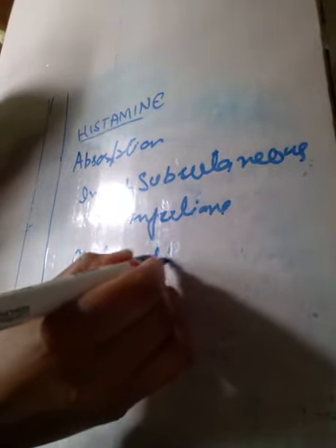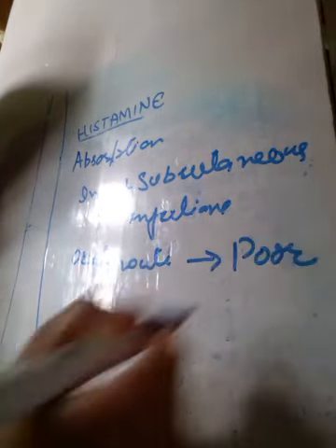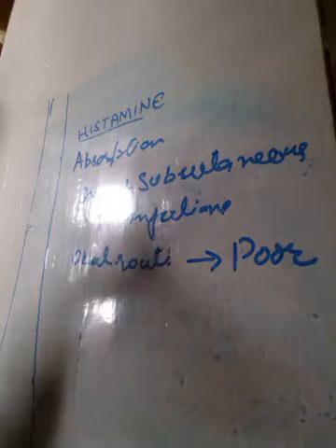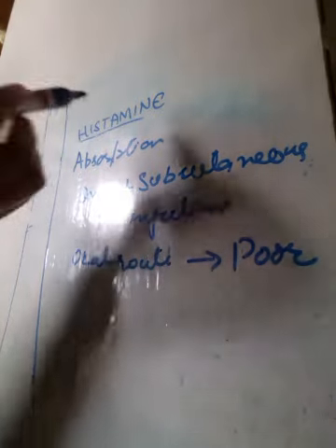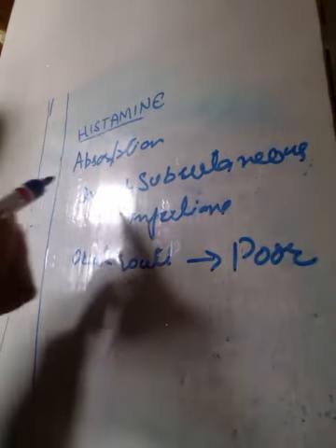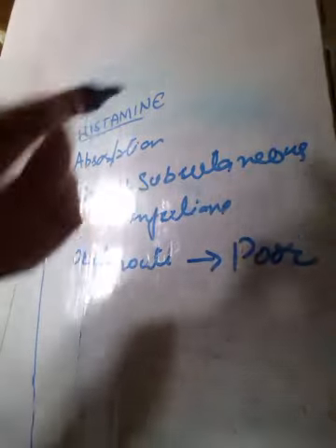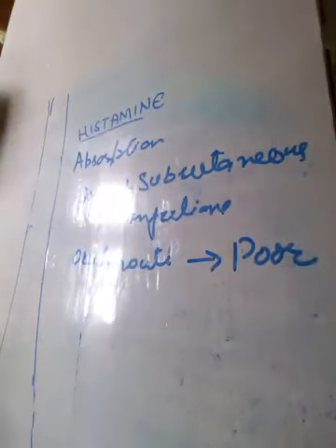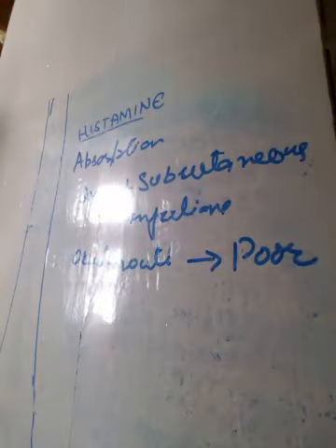However, absorption through the oral route is poor. So the oral route is not recommended in case of histamine. It should be given either intramuscularly or subcutaneously where it is well absorbed. This is the absorption.